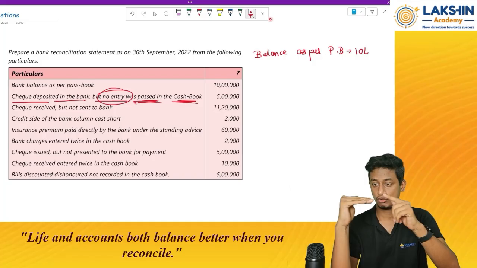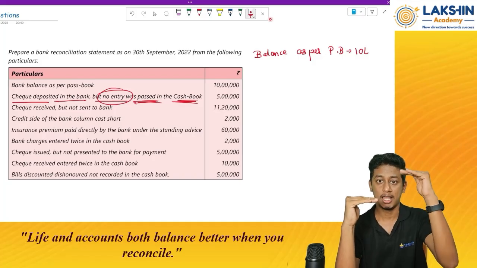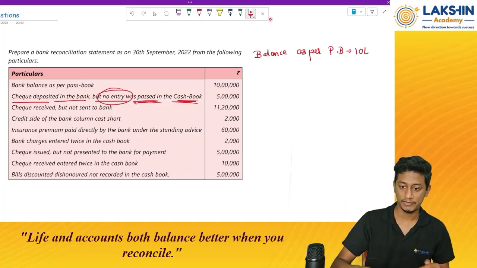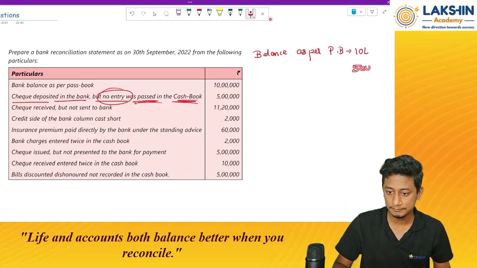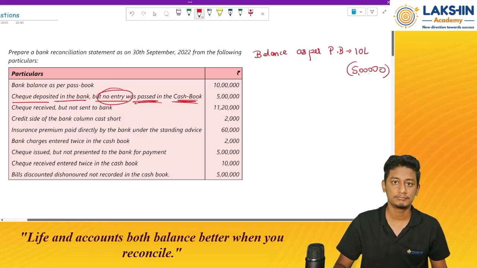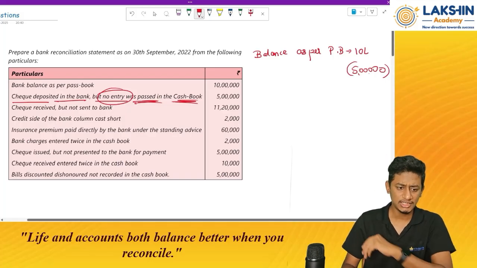I cannot touch this, but can I move this hand? Yes, sir. I should reduce. I should less. So here 5 lakh rupees will be reduced. First entry done.